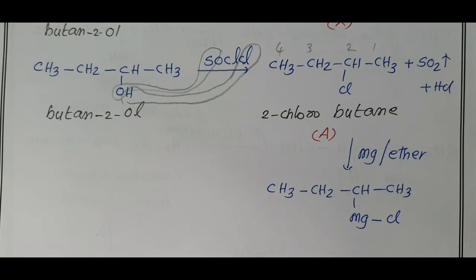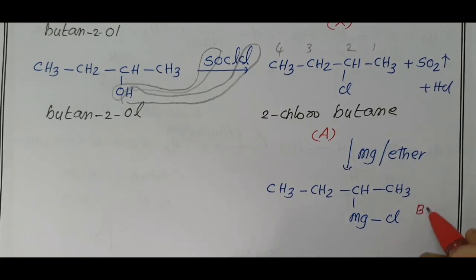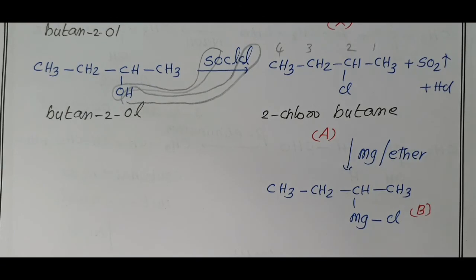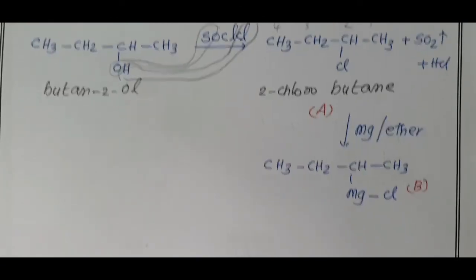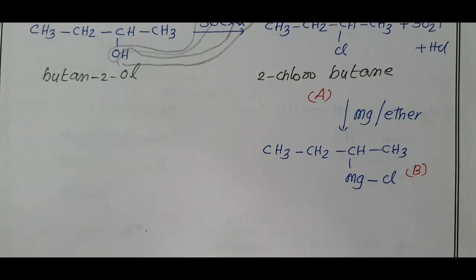This is compound B. What is our compound B? Secondary butyl magnesium chloride, a Grignard reagent.